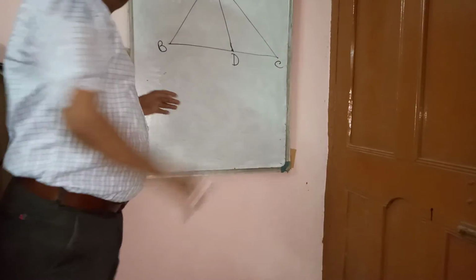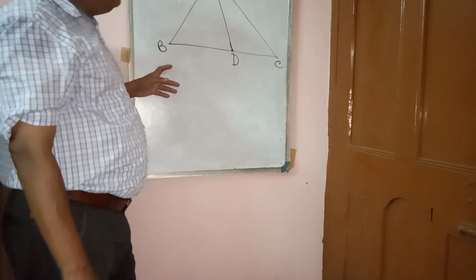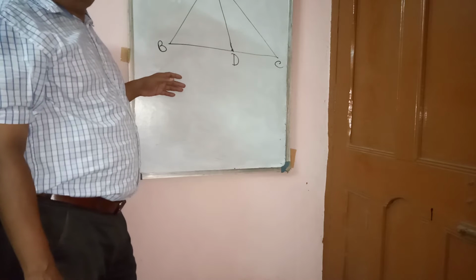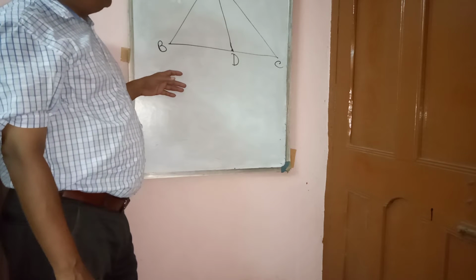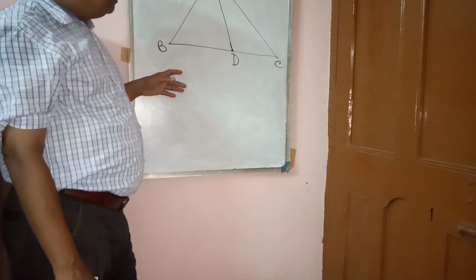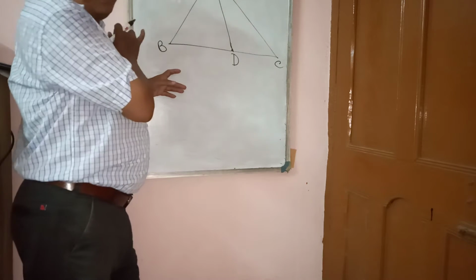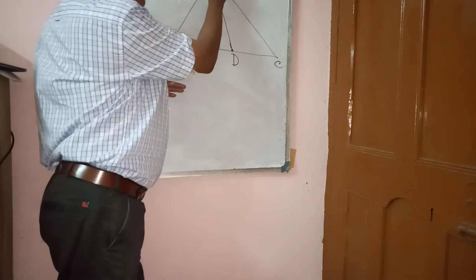See, triangle ABC, ABD and ADC triangles are given, ABC and ABD given now. See, first you consider, if we consider two triangles, this is the common vertex.